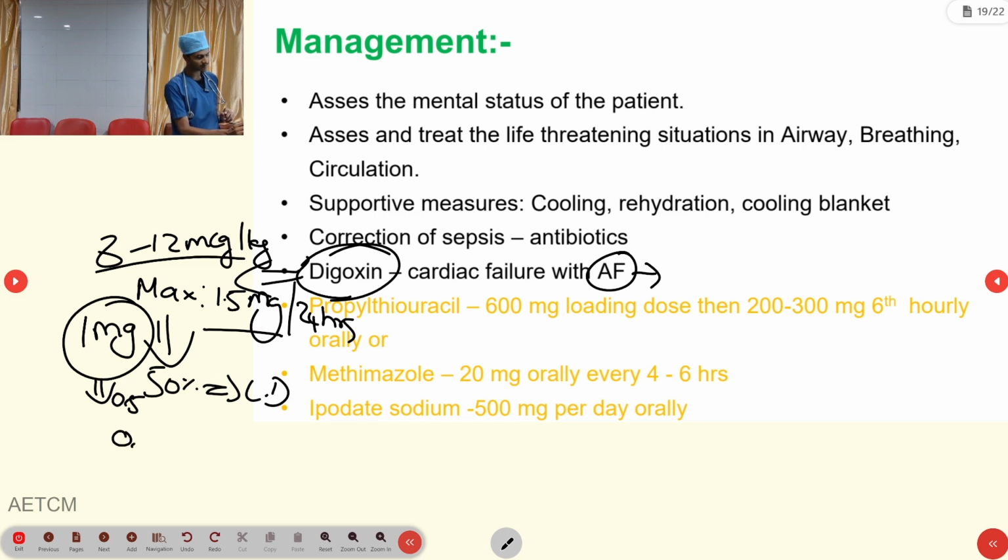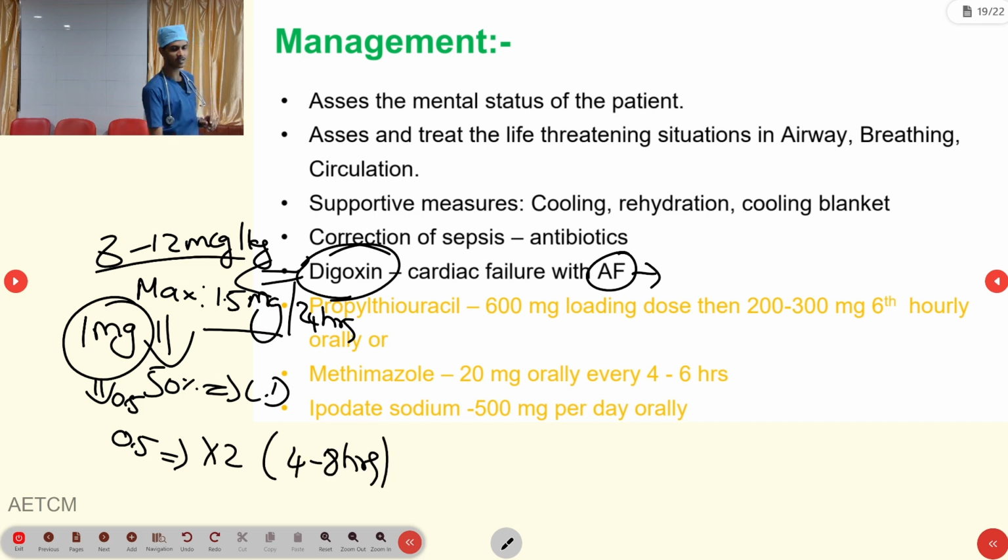The remaining 0.5 mg you have to divide into two doses, 0.25 mg and 0.25 mg, and administer them at an interval of 4 to 8 hours. You can administer 2 doses. So that is the way you have to give the digoxin.